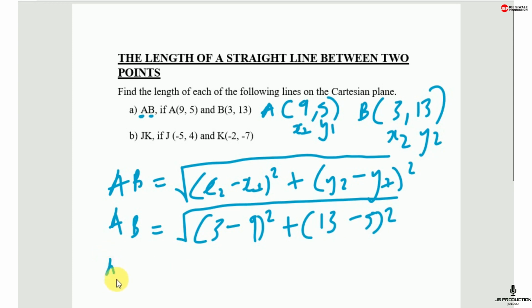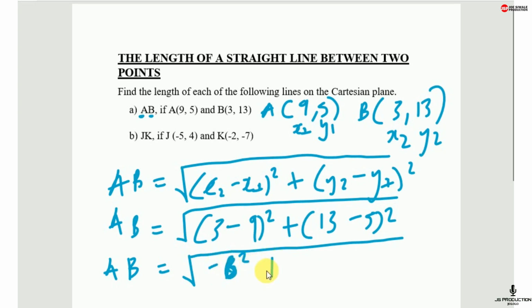So we can simplify the brackets. 3 minus 9, we are going to have a negative 6 squared, plus 13 minus 5, that's 8. So we're going to have 8 squared.